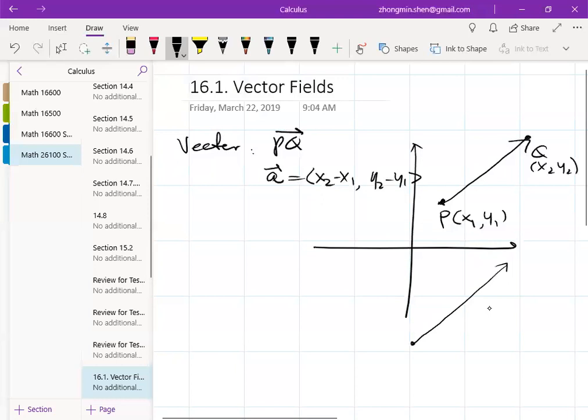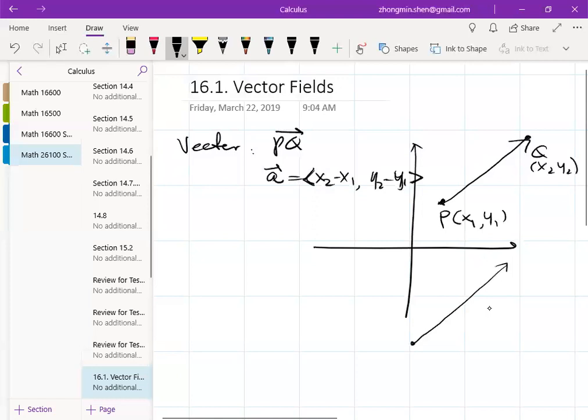Well, it depends. For computation purposes, we denote the vector by this notation, called angle brackets. So it can be described by a pair of numbers, but they're not in one-to-one correspondence.